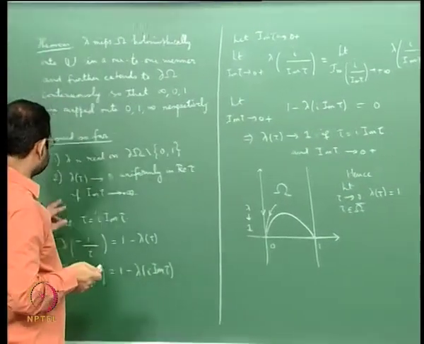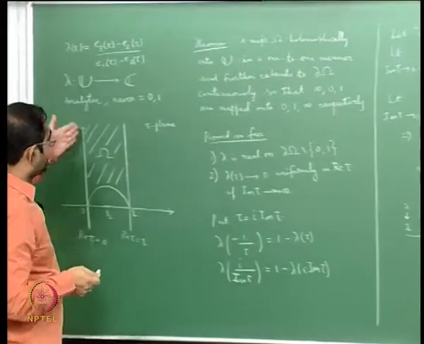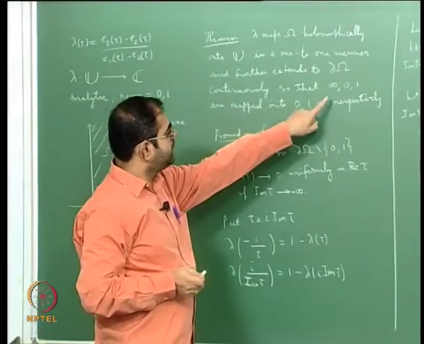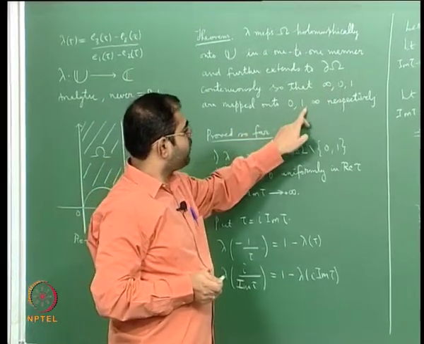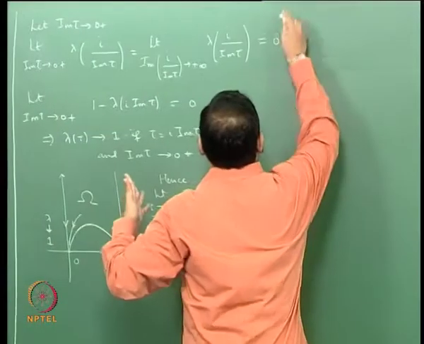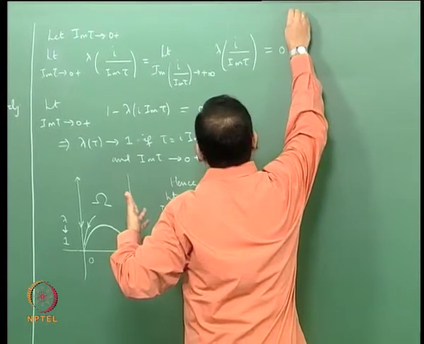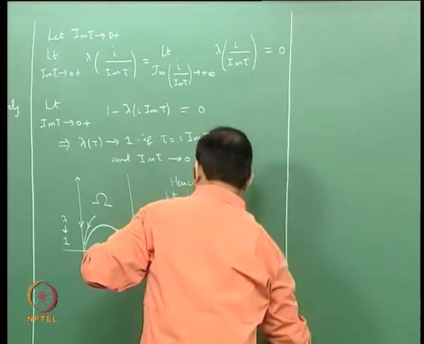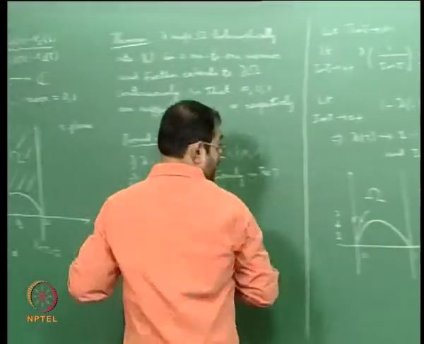Okay, so that settles the fact that lambda maps 0 to 1. Alright, then again the similar trick will tell you that lambda will send 1 to infinity.